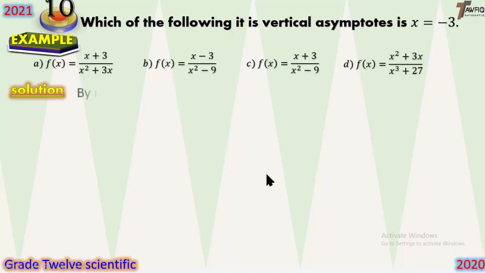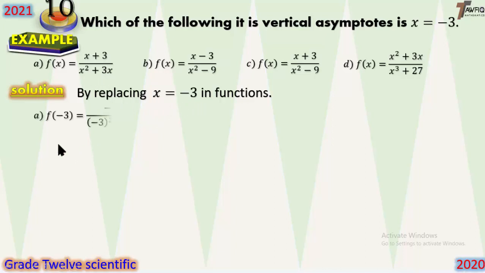Here, let us take the first one, f of x equals x plus 3 over x squared plus 3x, and replace x with minus 3 in this function. Then f of minus 3 is minus 3 plus 3 over minus 3 squared plus 3 times minus 3.